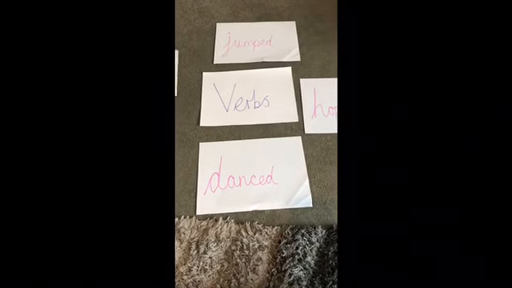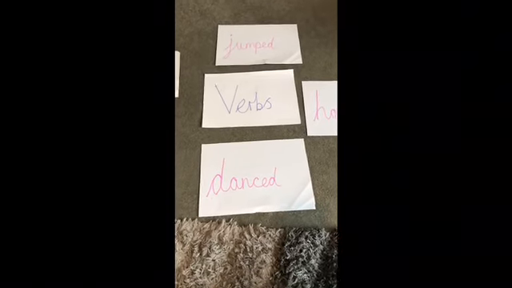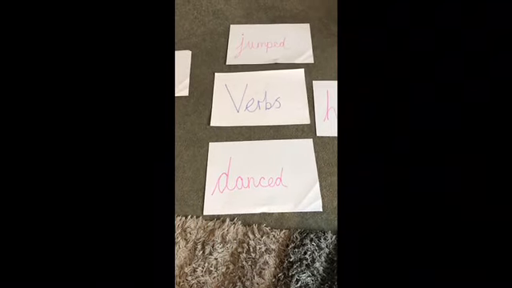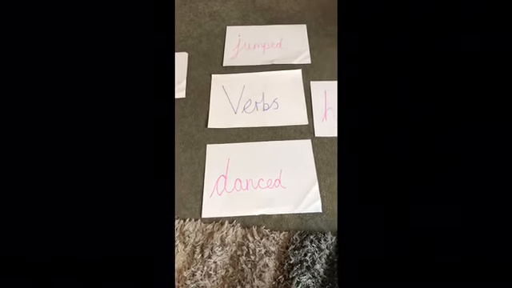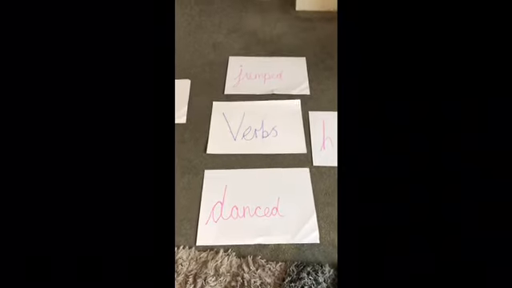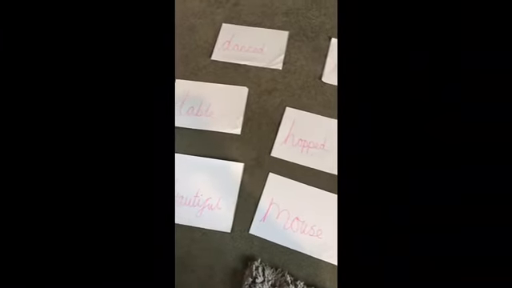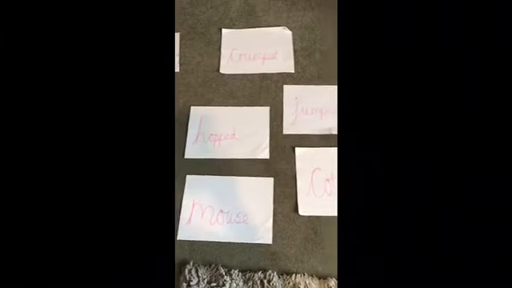Now the next job we are going to do is get rid of the words that say verbs, nouns and adjectives, and then mix up all the words on your carpet at home. You can see now on Miss Palmer's carpet, I have muddled up all of the words. The nouns, the adjectives and the verbs are all mixed up.